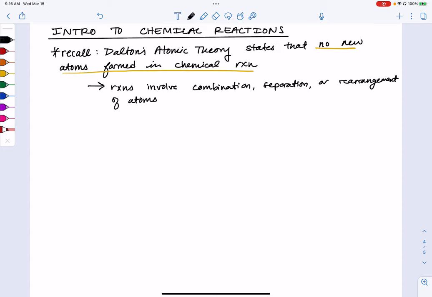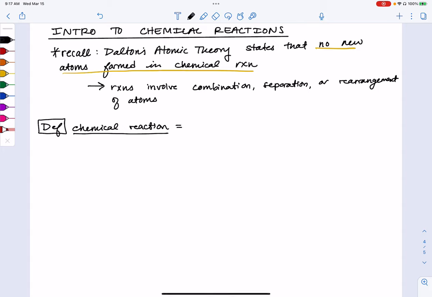We are going to add a little bit more detail to this definition, because it still holds true today. It's just that now we are going to add in a little piece that includes what we know about chemical bonding. So let's define a chemical reaction.